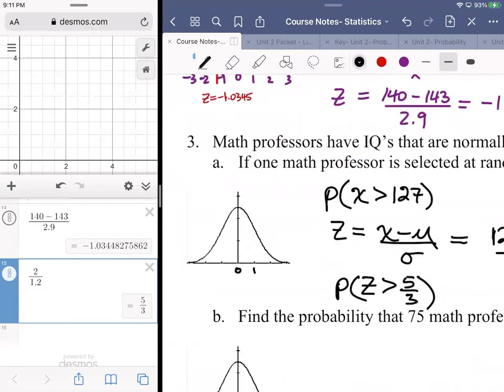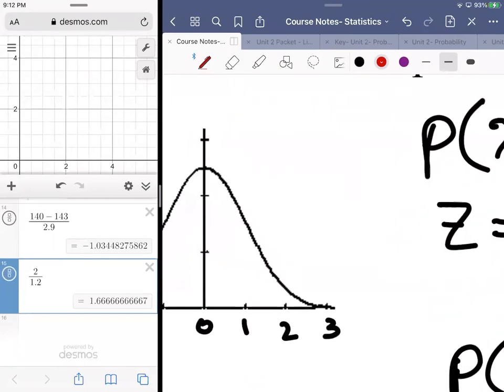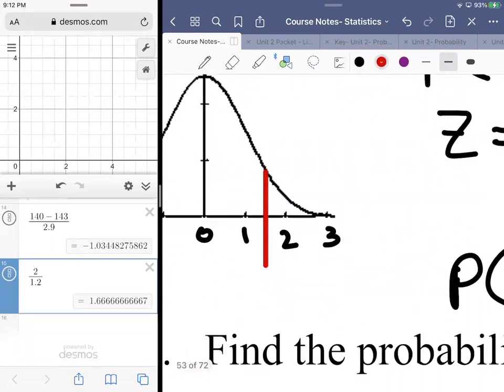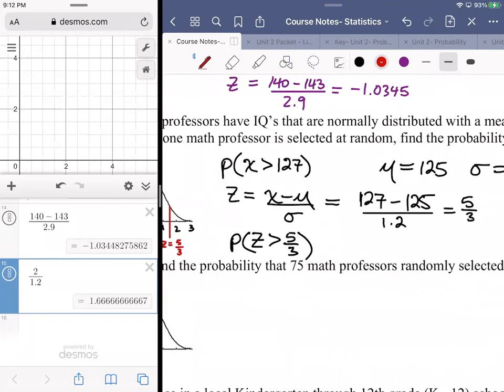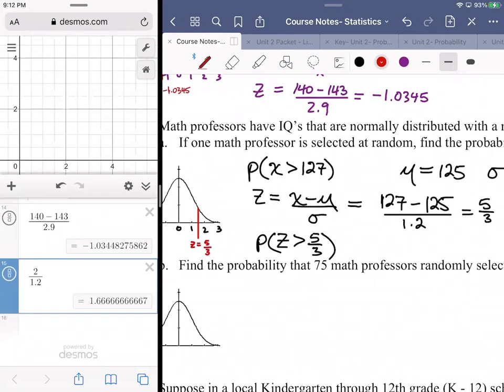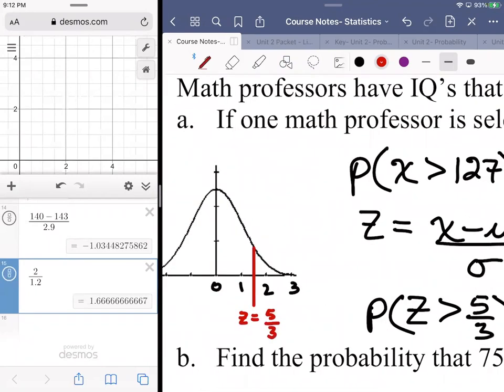So again, 0, 1, 2, 3 if you want. You don't have to label the whole thing. Just label the center and then the part of the graph that needs to be labeled, 1.6. That's a little bit more than halfway between 1 and 2. So Z is equal to 5/3, or 1.6 repeated if you like. And we want to know this area.